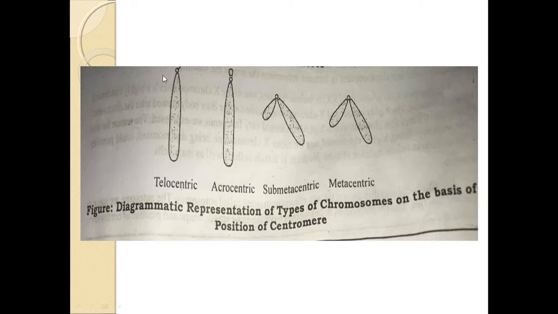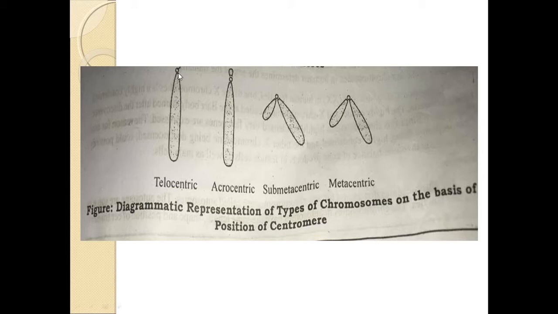In telocentric, the centromere is lying at the terminal end of the chromosome.